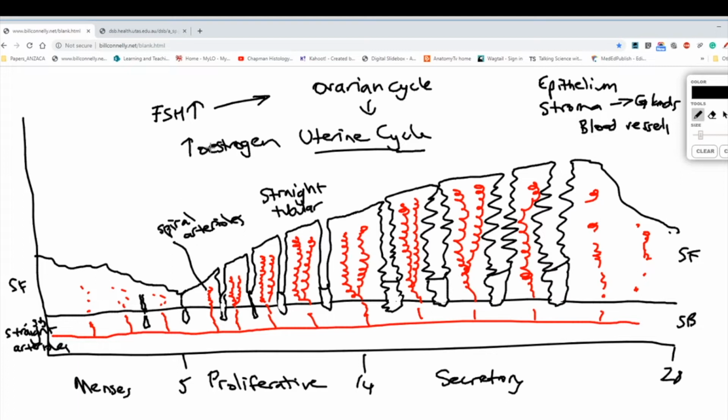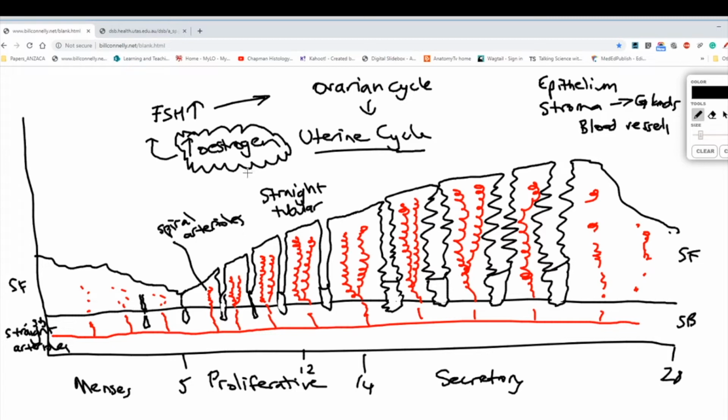Now, these moderate levels of estrogen have an inhibitory effect on FSH release, so those levels drop. But it gets to a point where estrogen reaches a peak, around about day 12. Around day 12, we get our capture of our dominant follicle.